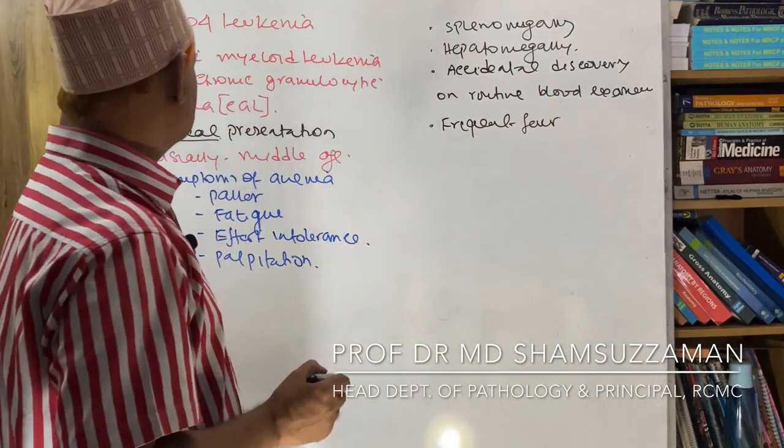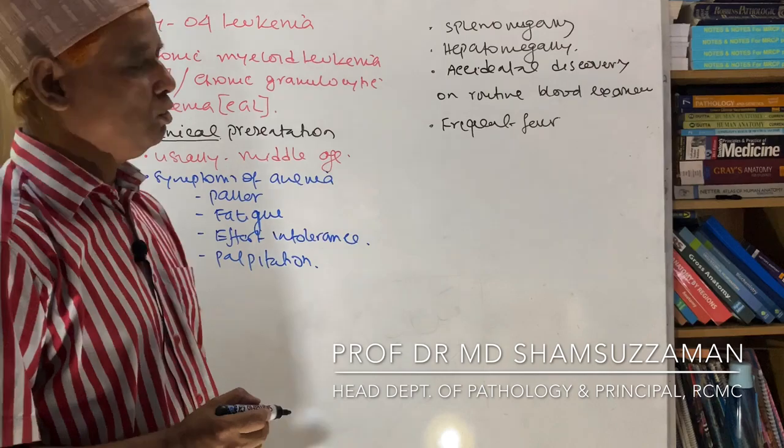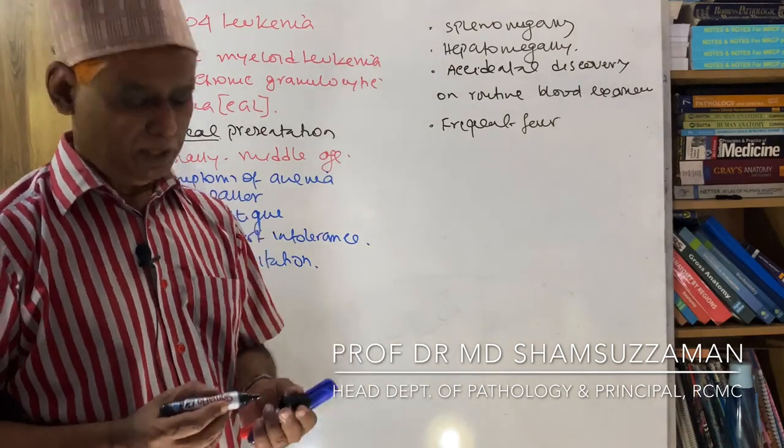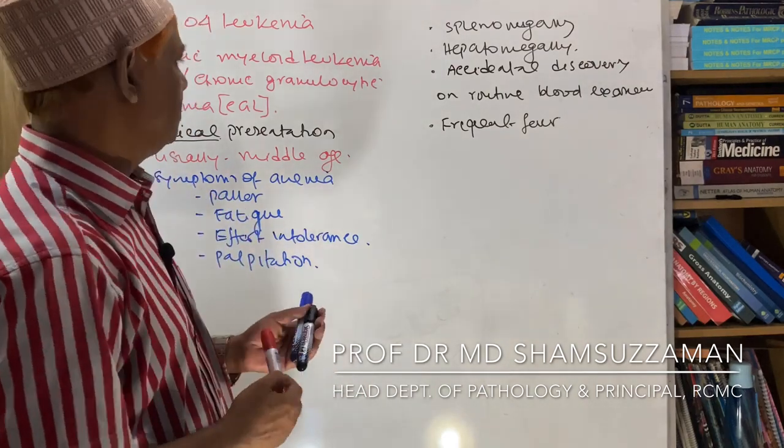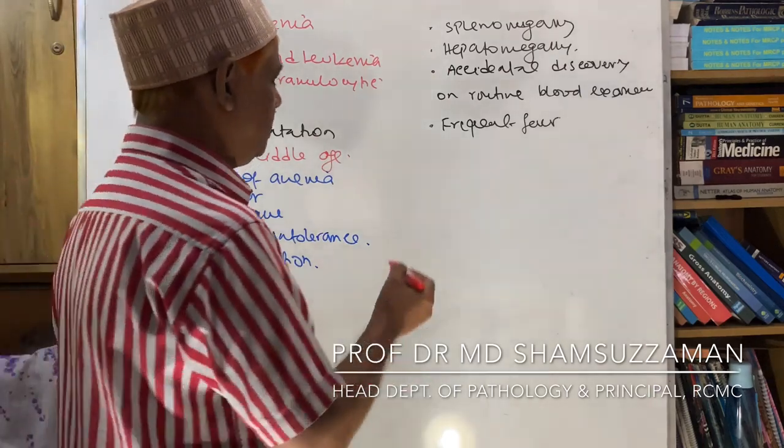So how is chronic myeloid leukemia or chronic granulocytic leukemia diagnosed in the laboratory? Now come to laboratory diagnosis of CML.